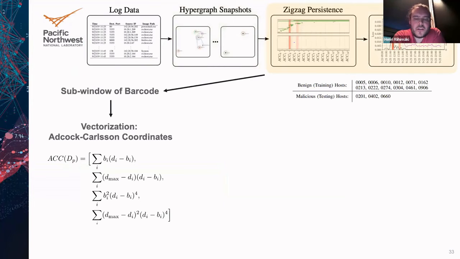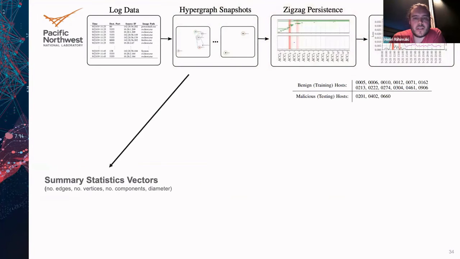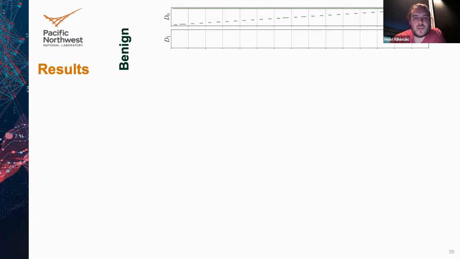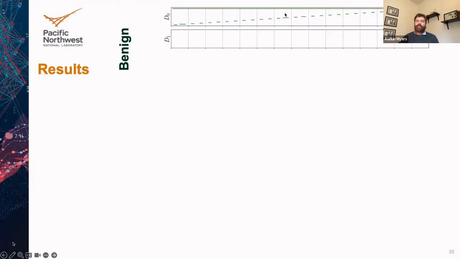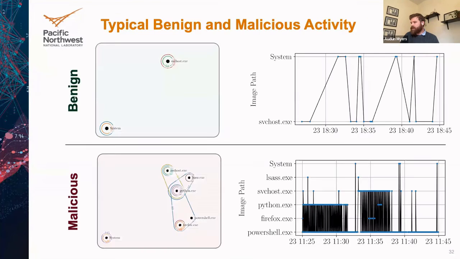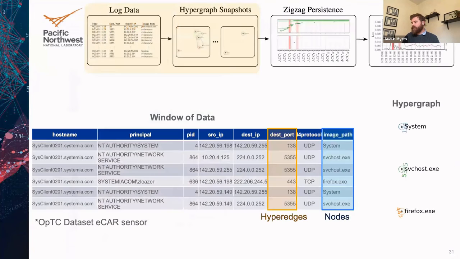Do you have some interpretation of the long H0 bar in the benign case that you showed? What does it mean in this case? Yeah, so that H0 is most likely due to standard activity. If I go back to this example here, it's probably from some destination port hyperedge connected to system.